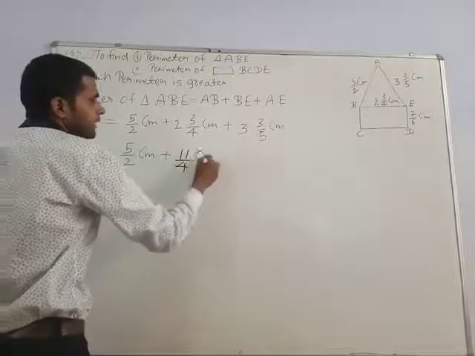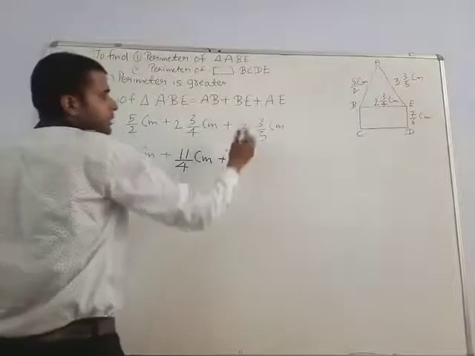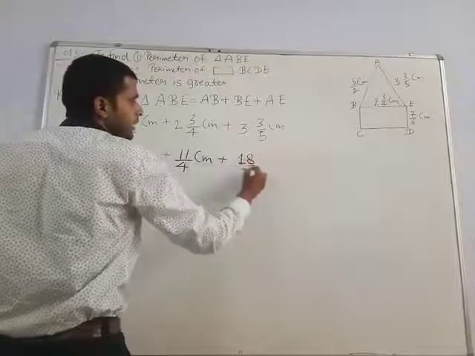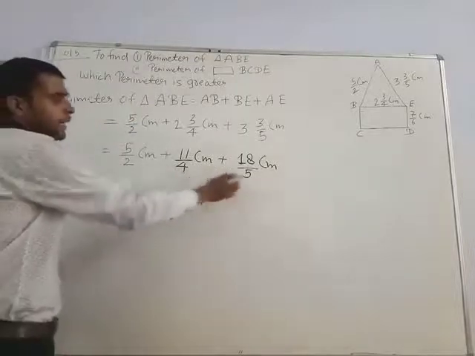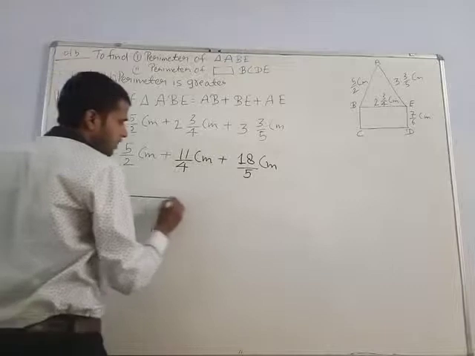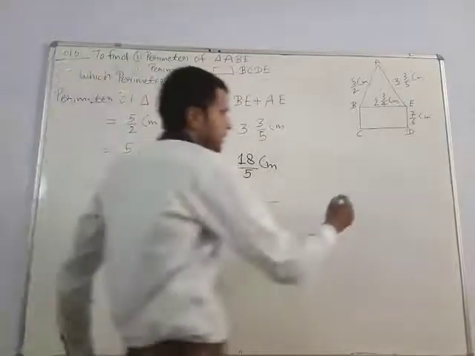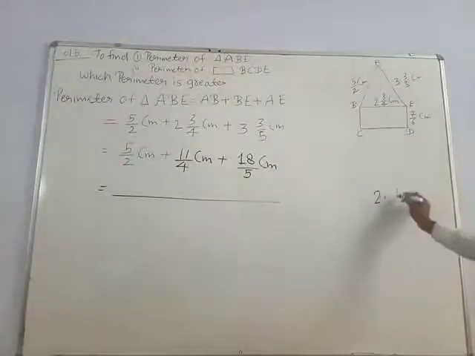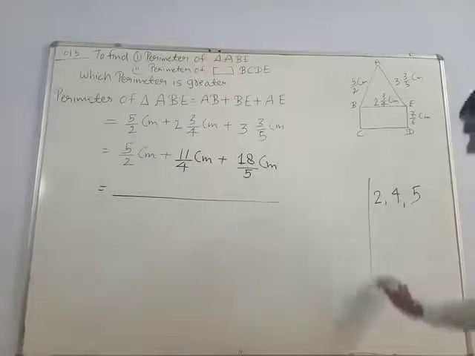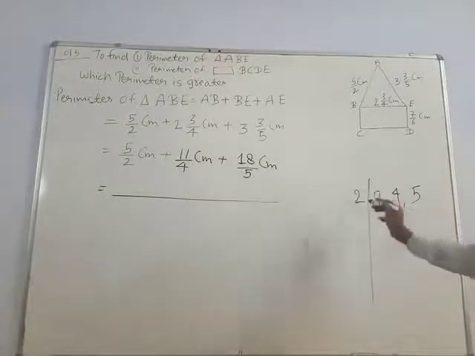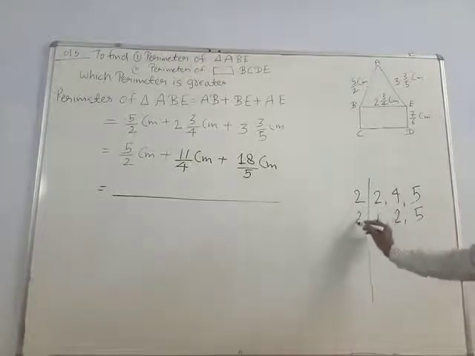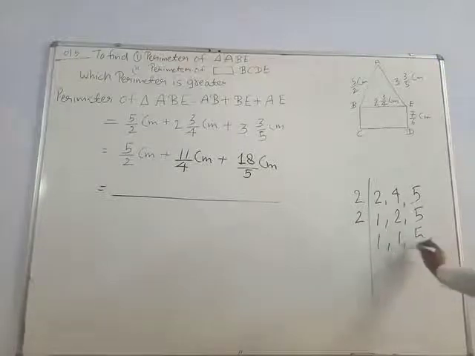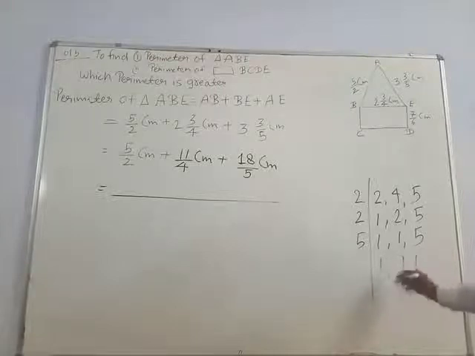So 5/2 centimeter plus 4 into 2 is 8 plus 3 is 11/4 centimeter plus 5 into 3 is 15 plus 3 is 18/5 centimeter. Okay, so you have to take the LCM of 2, 4 and 5. Dividing 2, 4 and 5 by 2 gives 1, 2, 5, then dividing by 2 gives 1, 1, 5, then by 5 gives 1, 1, 1.